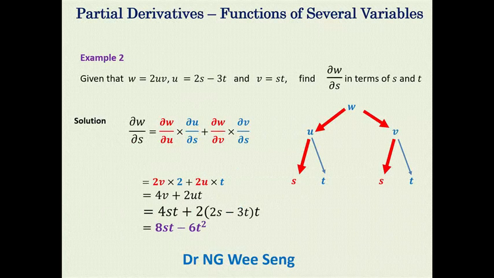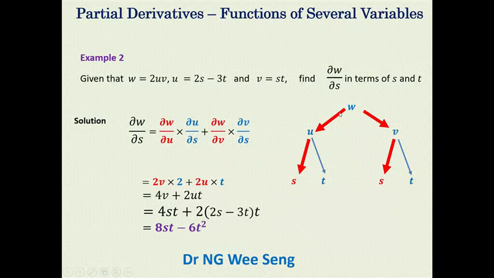The next example shows the chain rule for the case when we have four branches. So W is a function of U and V, and U and V are both functions of S and T. We are first asked to find ∂W/∂s, so we take the correct branches.